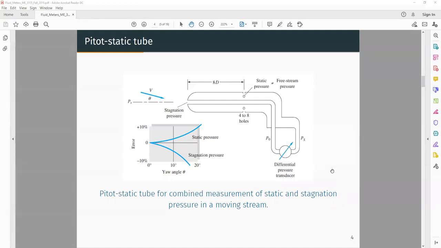In actual practice, it's a very small, compact in design and easy to use flow measuring device. It consists of two tubes, one tube and another tube sealed at the front. So the first tube is open, and if the tube is at a 0 degree angle with the flow, we will have stagnation pressure in it.